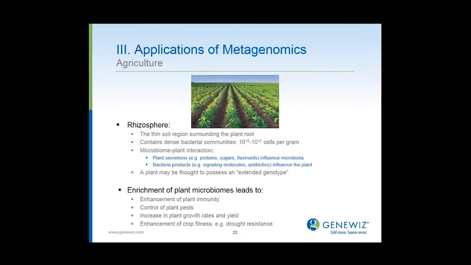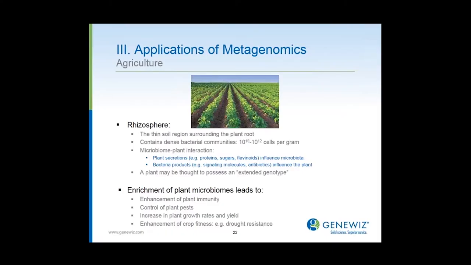One influences the other. The plant secretes things like proteins, sugars, and other things that influence the microbiota. And in turn, the bacteria secrete products like signaling molecules and antibiotics, which influence the plant.